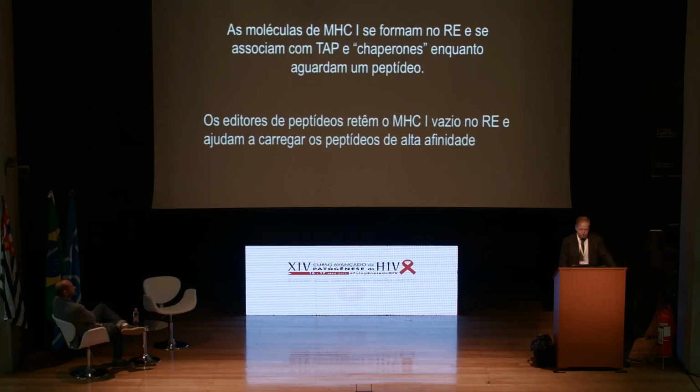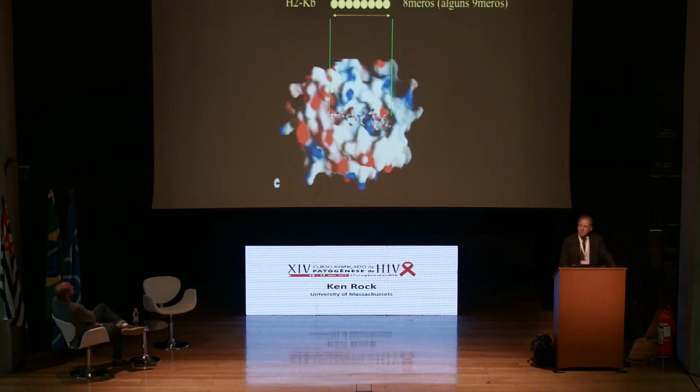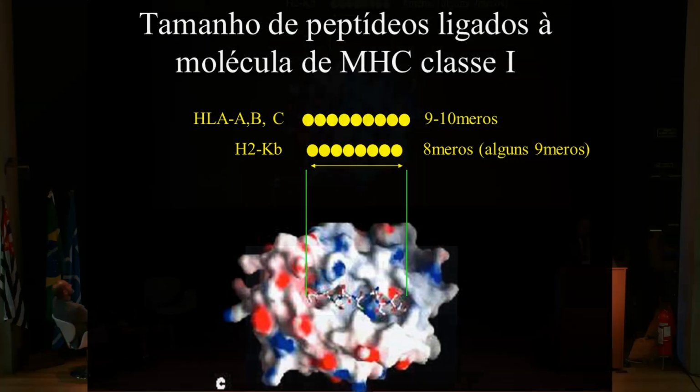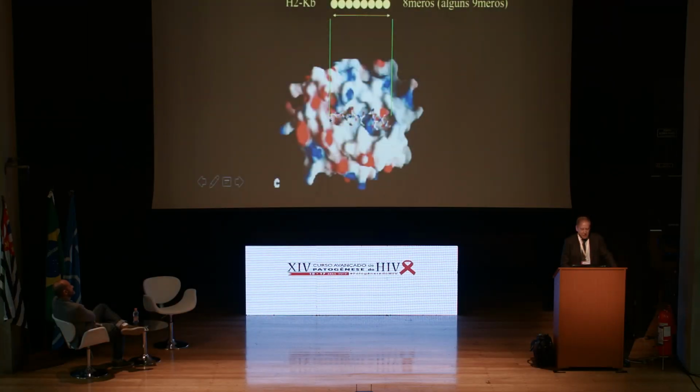Okay. Now I want to come back to the peptides that bind to the class 1 molecule. It turns out when you look at these, they are all of an almost identical length. So in humans, most of these are either 9 residues in length or 10 residues in length. In the mouse, they're either 8 or 9. And the reason that there's such a uniform size is that the peptide binding groove is closed.